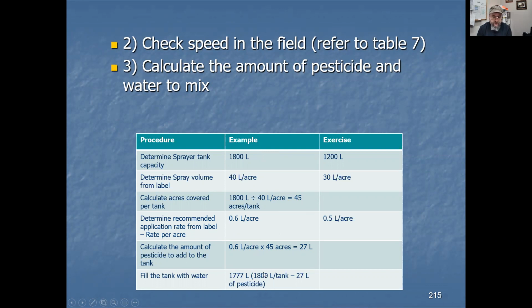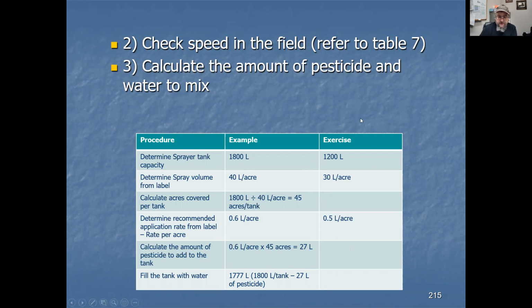This breaks it down, so now basically you're going to do this calculation. We talked about it in an earlier module. You'll fill your tank half full, turn on your agitation if need be, add your 27 liters of chemical, and then fill your tank up to the top.